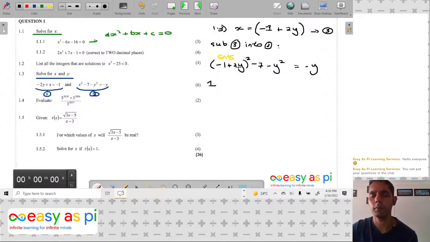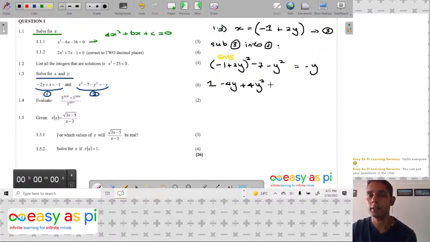I square the last term, so 2y all squared becomes plus 4y squared. And then I take the first term times the last term, so minus 1 times 2y is minus 2y, and then I multiply by 2. So minus 2y times 2 becomes minus 4y.